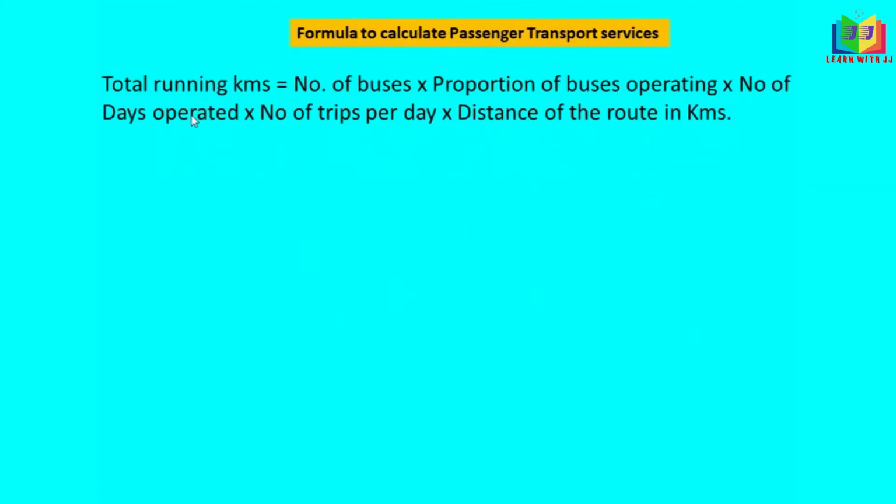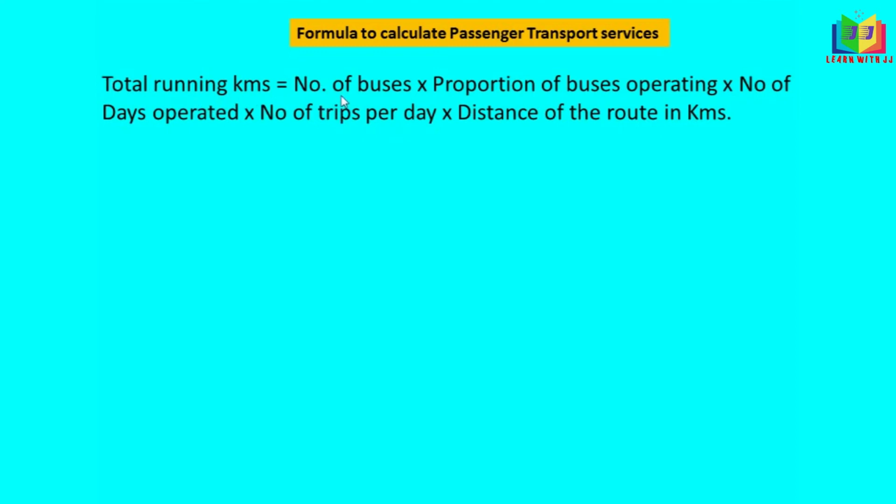This is the formula to calculate the running kilometers: number of buses into proportion of buses operating into number of days operated into number of trips per day into distance of the route in kilometers. First they'll ask us to prepare the running kilometers.